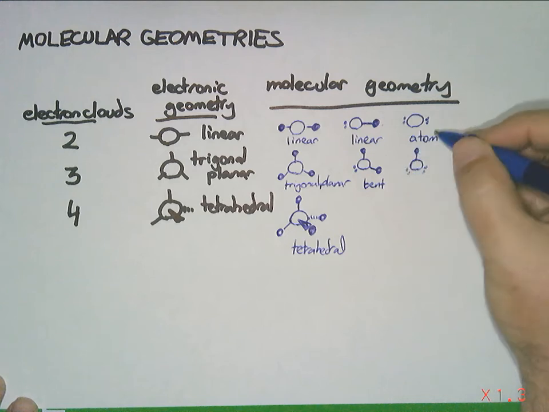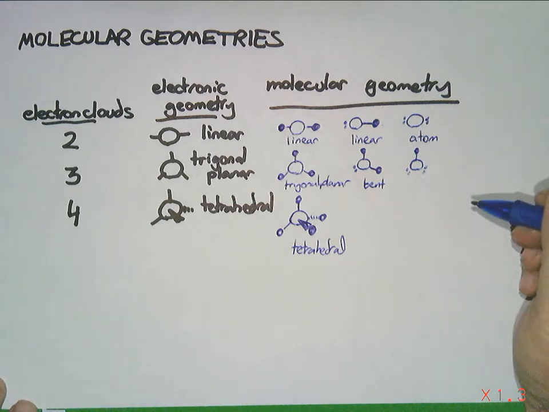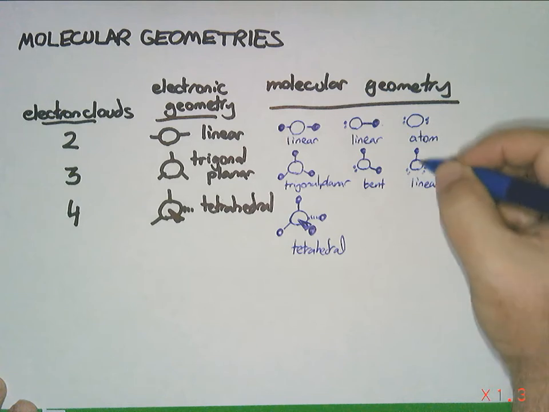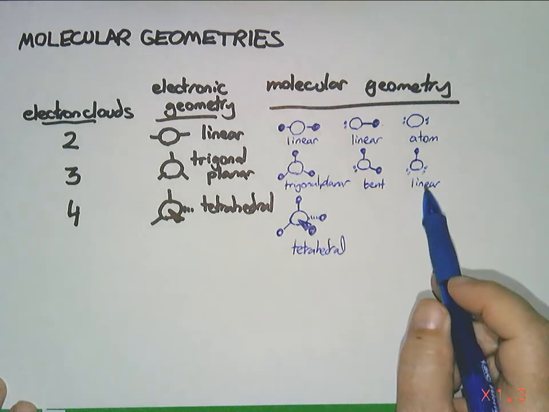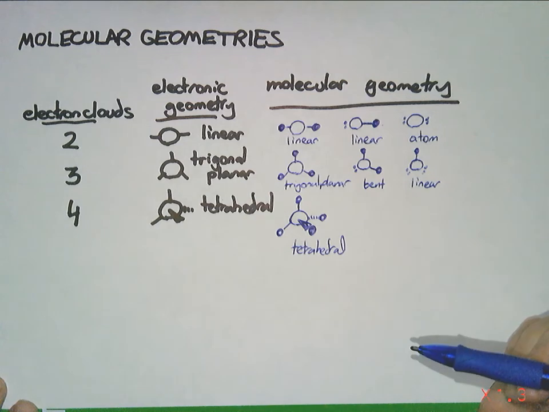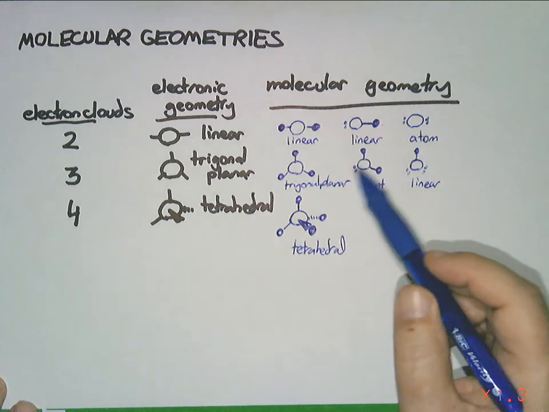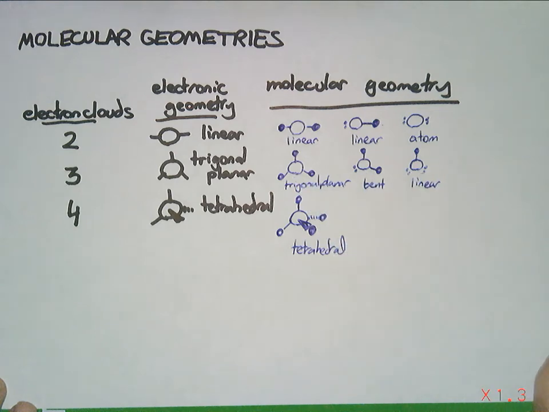And you're only going to name the molecular geometry according to the shape it has because of the bonded atoms. And you'd call this a linear shape because the two atoms are in a line. So there are three different molecular geometries you can have for a trigonal planar shape depending on how many lone pairs you've got: 0 lone pairs, 1 lone pair, 2 lone pairs.